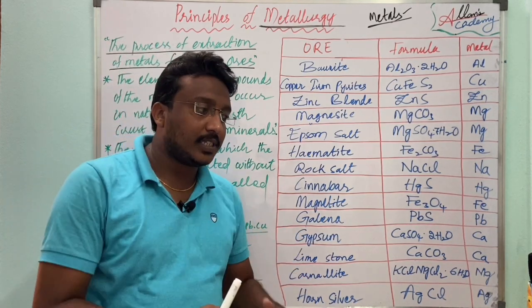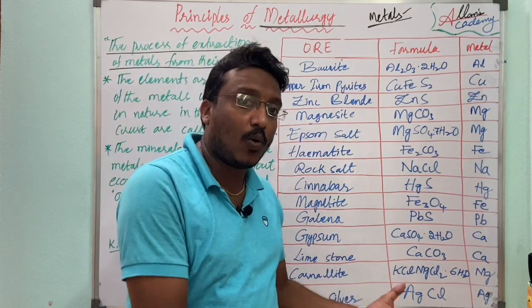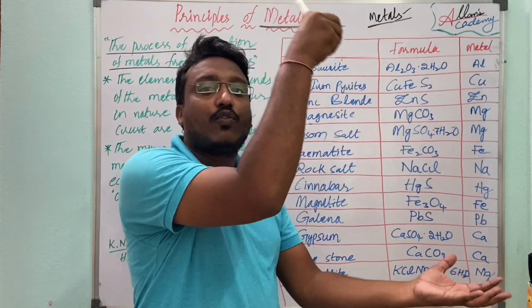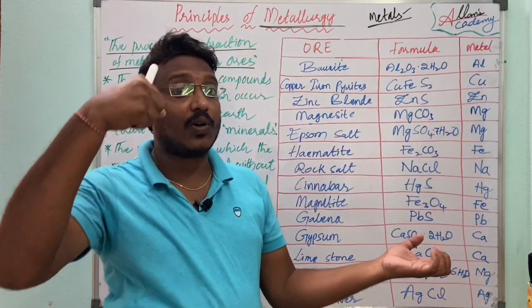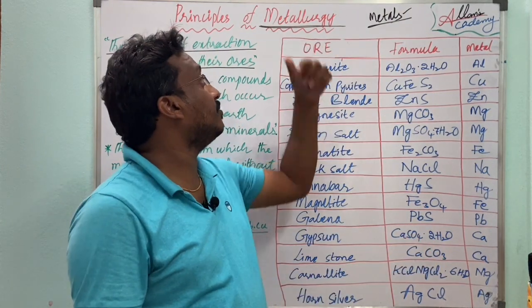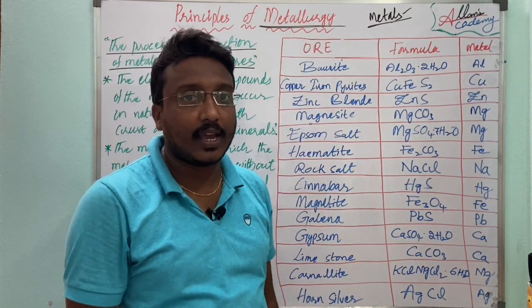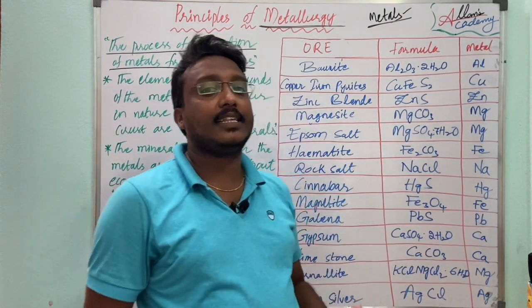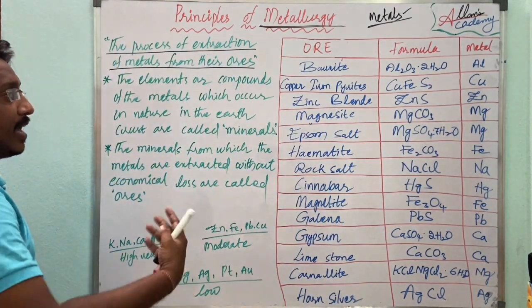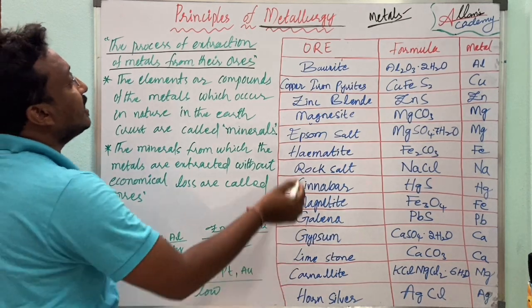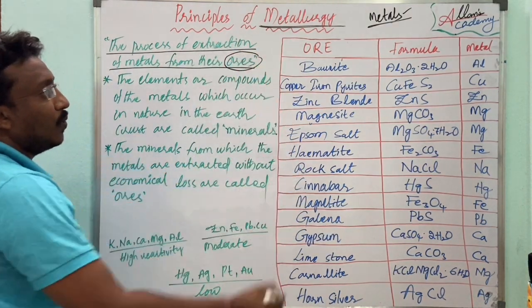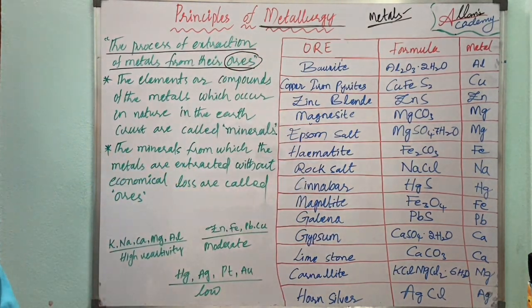That process, how we are collecting the sodium from the sodium chloride, is known as metallurgy. The process of collecting the metals from their ores. Then what are ores, sir? We will discuss that now.